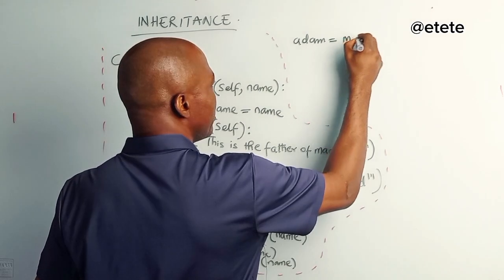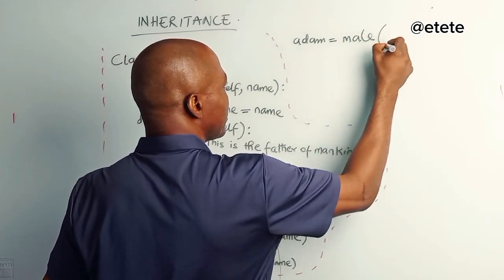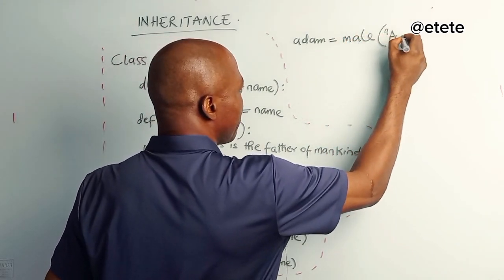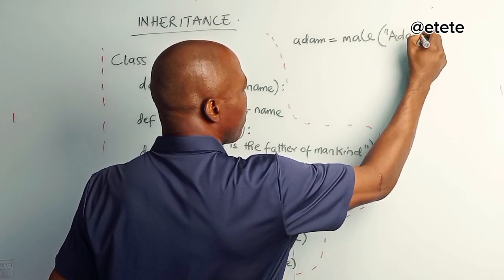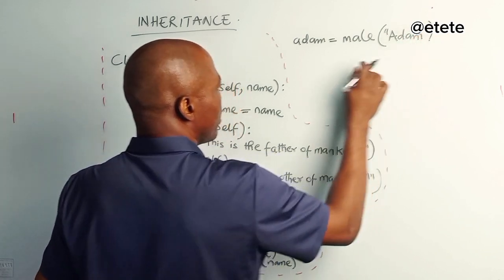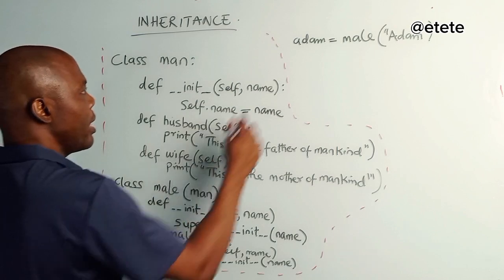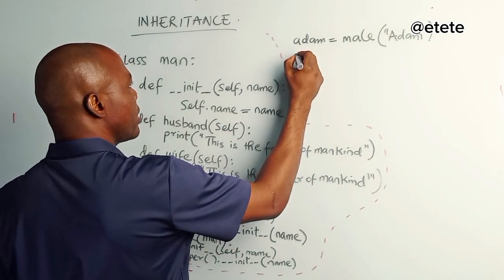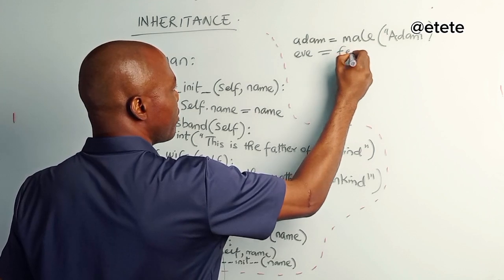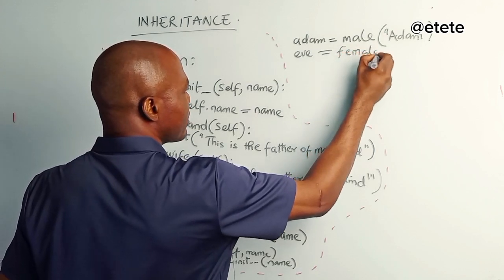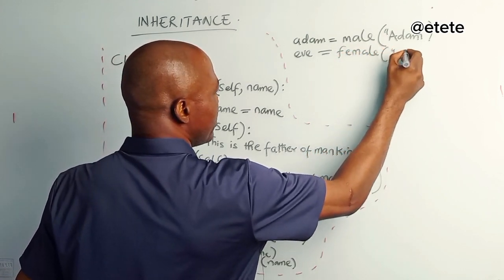So I will say male, right? And what I will supply into it is Adam. Okay, I've created the object for the male class, and then I will come here and I will create eve for the female class, and I will supply Eve to it.